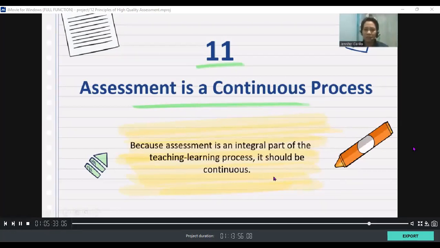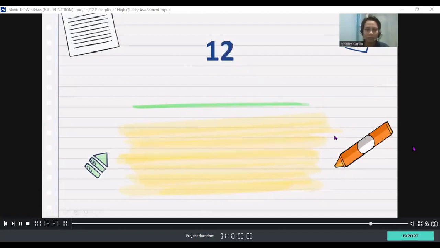Okay, so that means there is continuous improvement of the assessment. So di pwede nga kung unsa imong test, mao na siya. Okay, it should also be improved and refined. Same thing with learning. I-improve nato ang atong learning, so dapat i-improve sab nato ang assessment.